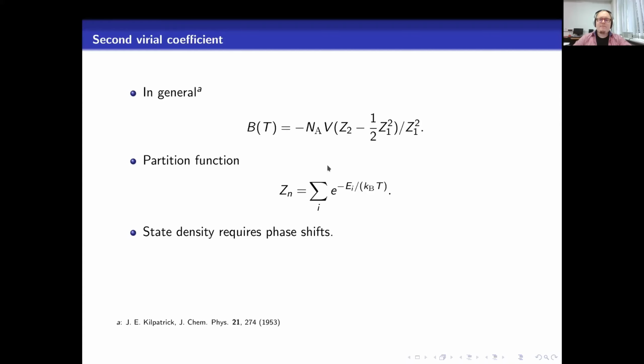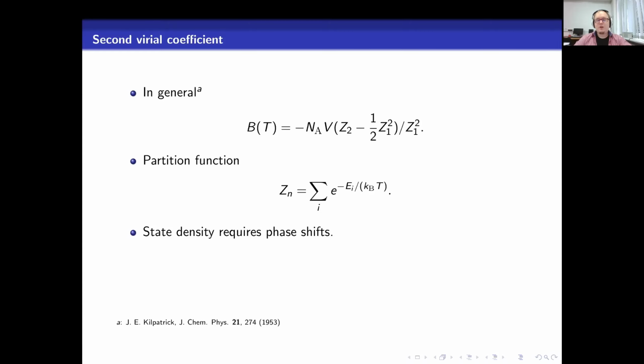However, for the positive part of the spectrum, it turns into an integral over energy, and we also need the state density there. State density, as shown, for example, by Kilpatrick, or I think earlier by, I can't remember now, can be related to phase shifts.